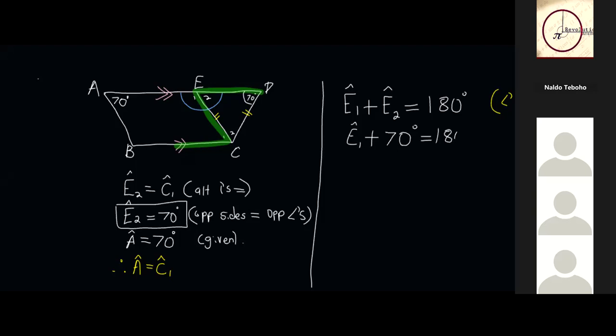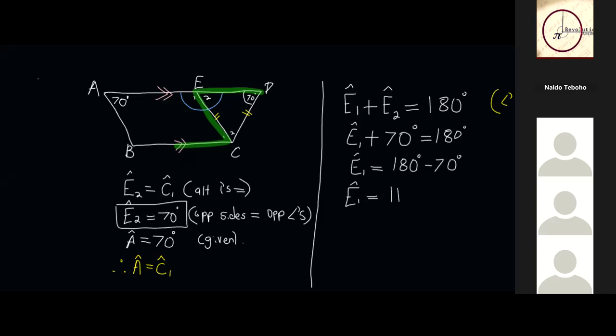Angle E1 is equal to 180 degrees minus 70. Do you know why it's minus 70? Because when you take positive 70 and transpose it to the other side, it changes the sign to negative. Then angle E1 is equal to 180 minus 70. What do you get? It's 110.